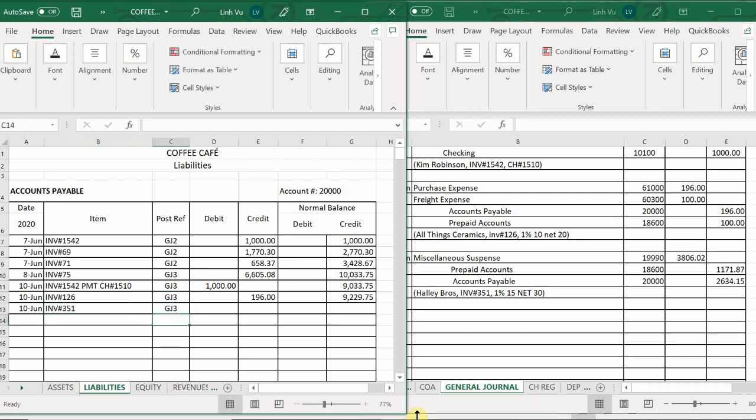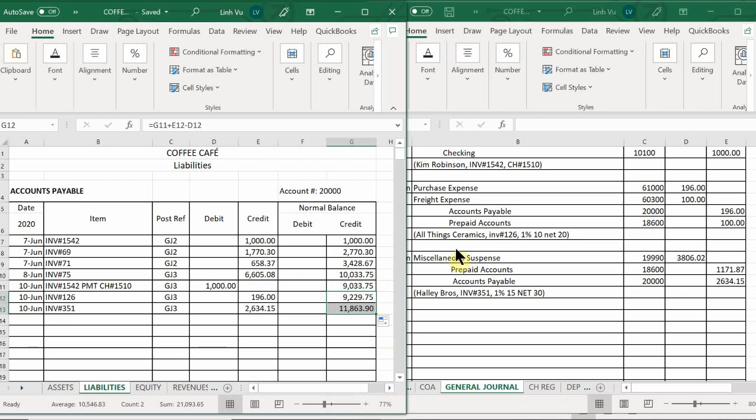General journal 3. And we owe how much more left? 2,634.15. So it is 11,863.9. Good. Excellent.